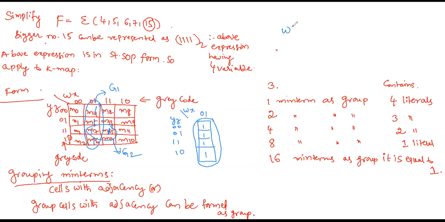It is 0 and constant. W is 0 only. It is not changing. Now look for the X. X is 1 only for the total group. Next, look for the Y. Y is changing from 0 to 0, 0 to 1, 1 to 1. So the value of Y is changing from 0 to 1. So we should not write this value in the expression.